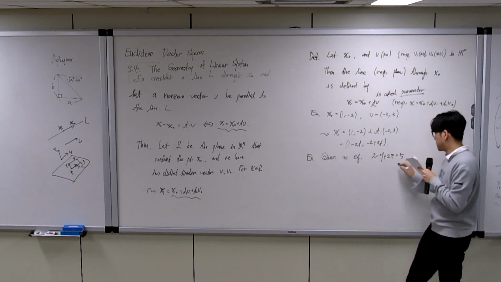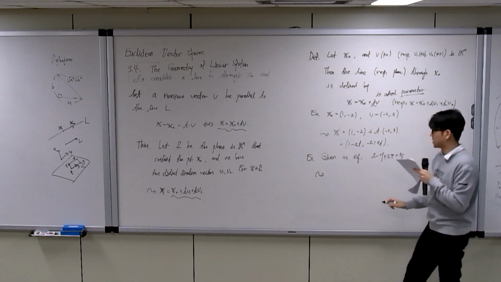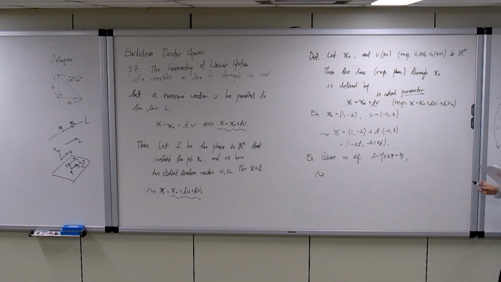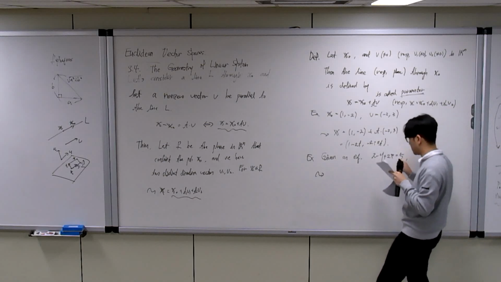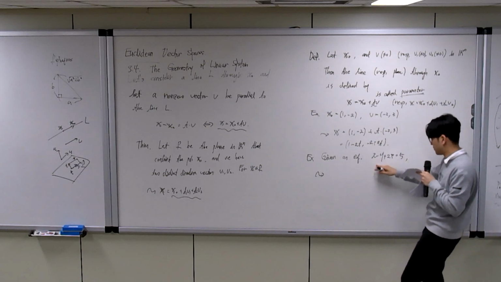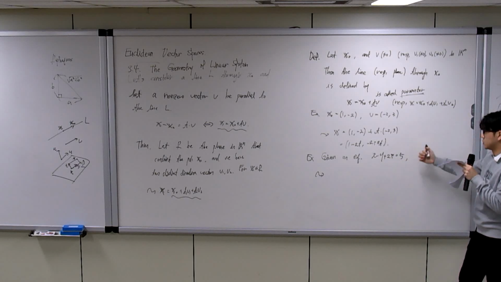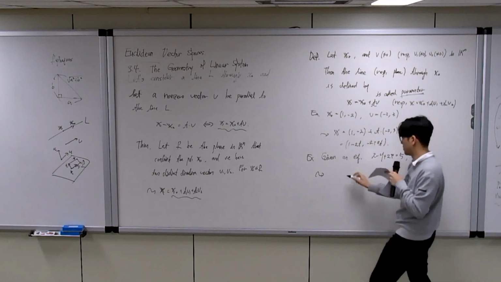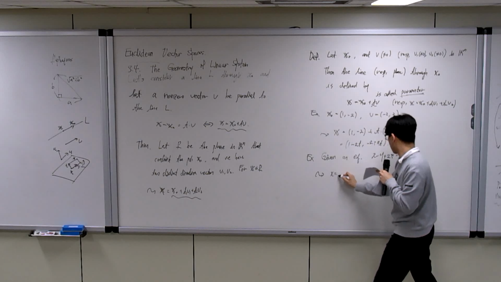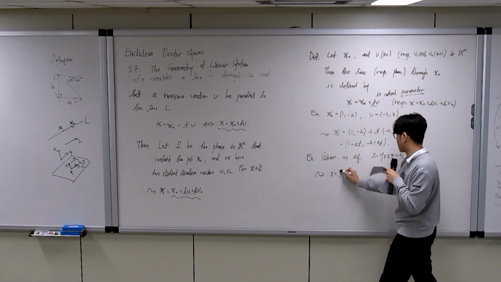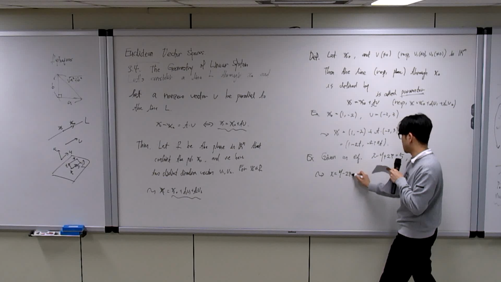For this equation, we can get the solution set also by using this form. Because by moving the y and 2z to the right side, we get x equals y minus 2z plus 5.